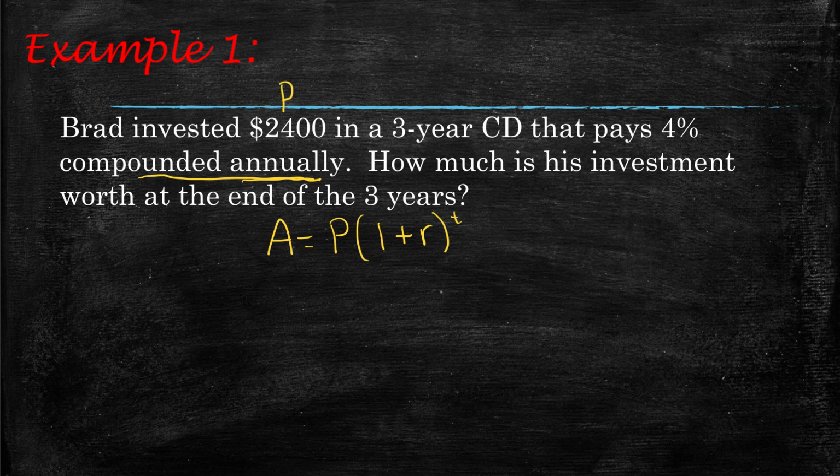That's our P. Our rate is going to be that 4%. But remember, we need to convert that to a decimal. So when you convert a percent, you move the decimal back twice. So this would be 0.04. And then it says, how much is his investment worth at the end of the 3 years? So T is going to be 3, and then the A is what we're solving for.